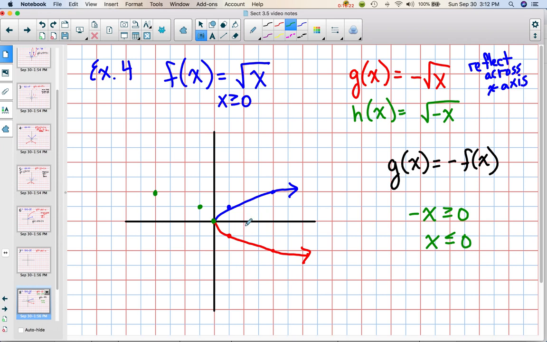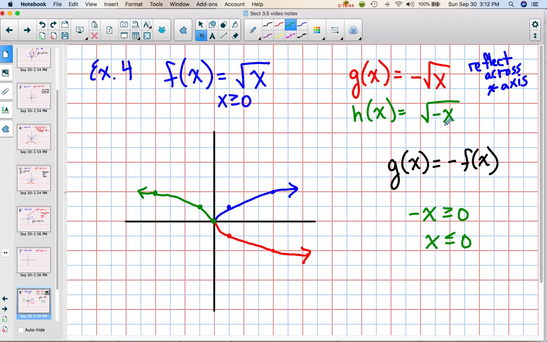Well, notice my graph is just reflected across the y-axis on this one. This one is called a horizontal reflection because we're reflecting it in a horizontal direction. So that's what you do with the reflection.